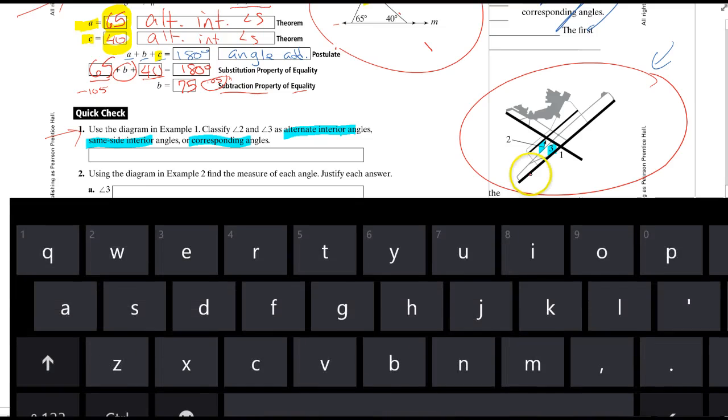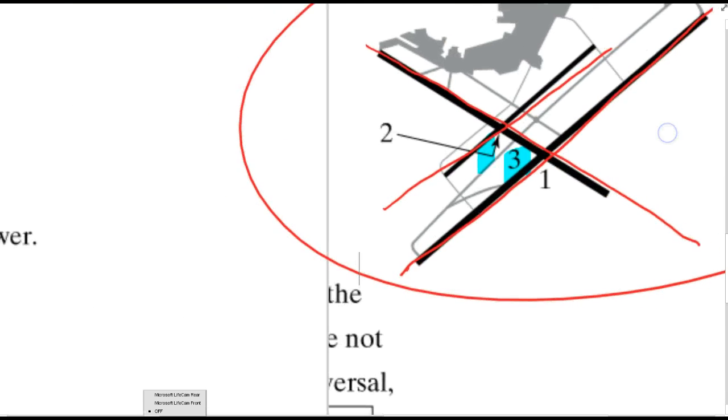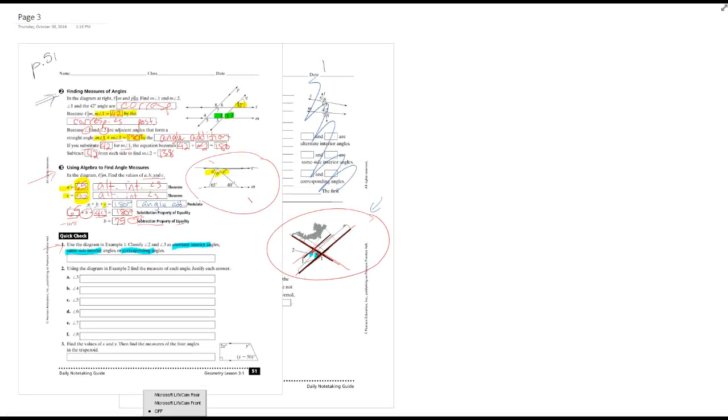Well, I've got parallel lines cut by a transversal, and I need this angle and this angle. They're on the same side of the transversal in between the two parallel lines, so that must mean they are same side interior angles.